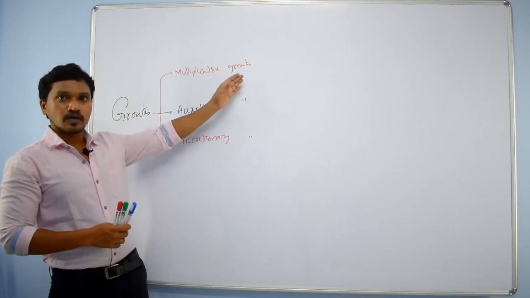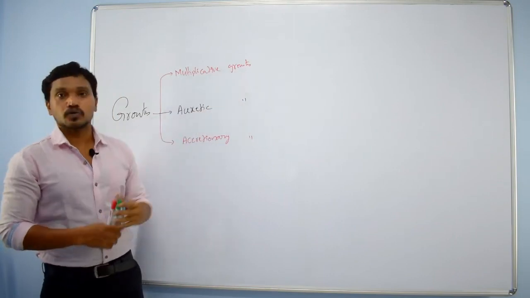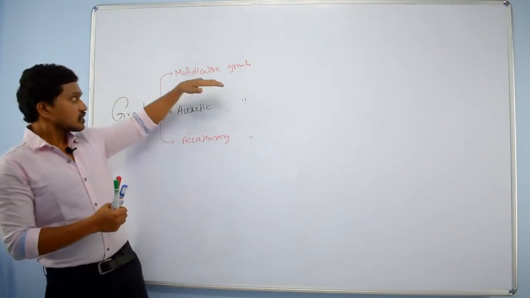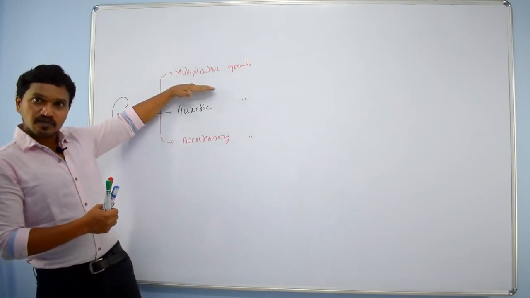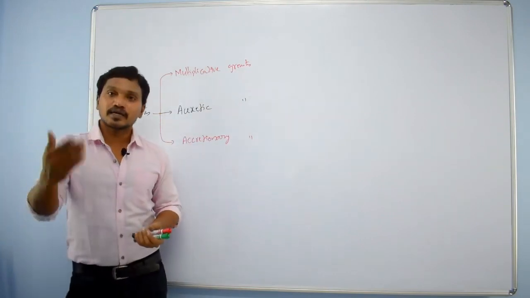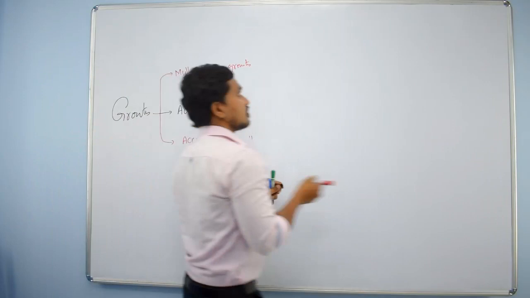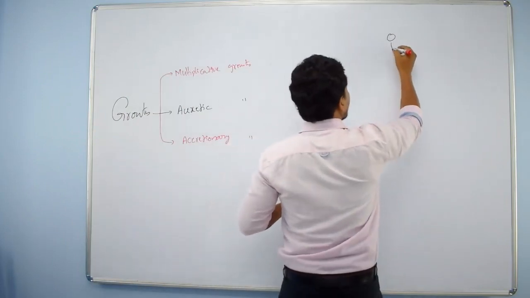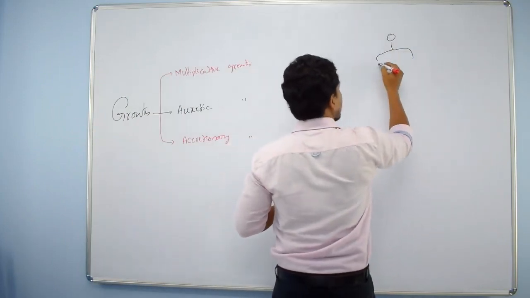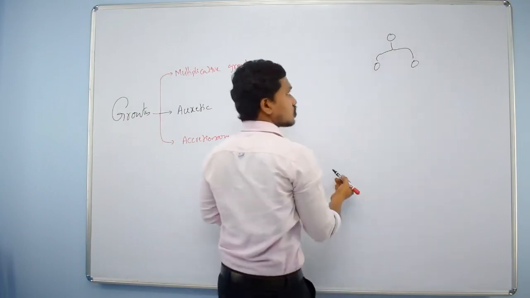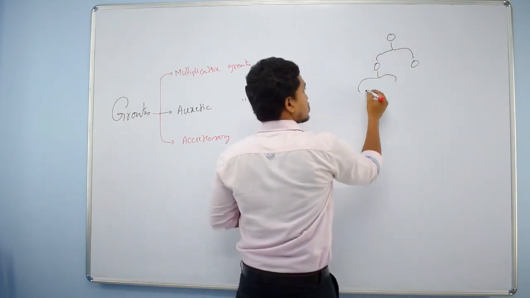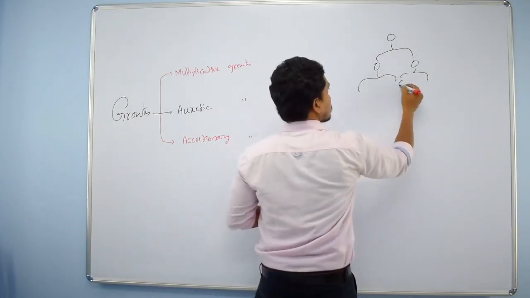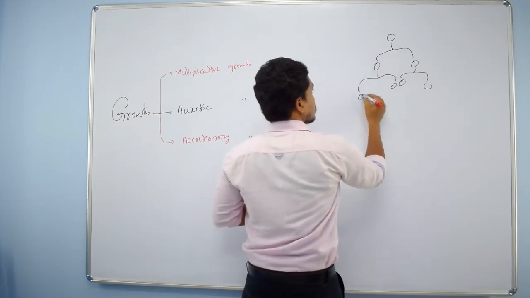First, if we take multiplicative growth, in the word itself the meaning is there, multiplication. One cell undergoes multiplication or cell division, produces two cells. Then these two cells undergo mitotic division and produce four cells.